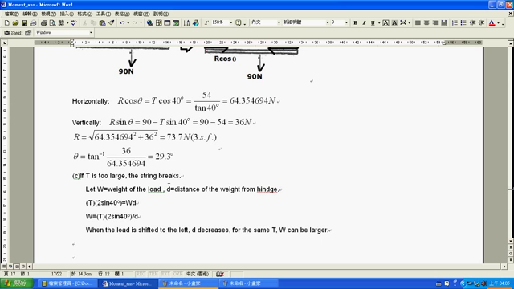Let W be the weight of the load and D be the distance from the hinge. So T times 2 sine theta equals W D. So the weight W is equal to the moment of the tension, T times 2 times sine 40 degrees, over D. And now, when the load is shifted to the left, D decreases. So for the same T, W will be larger.